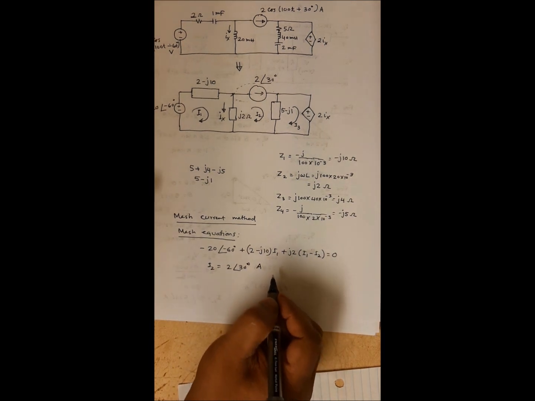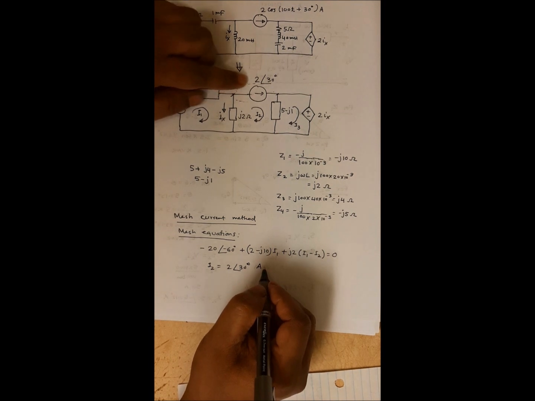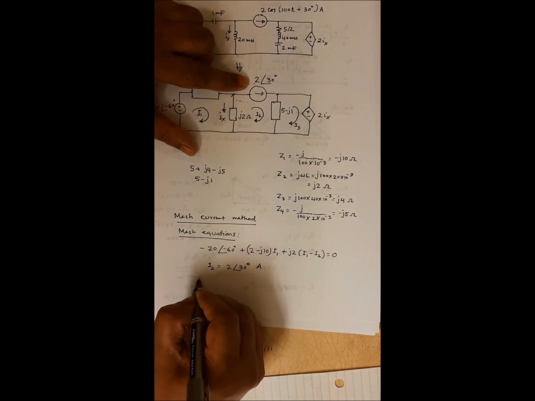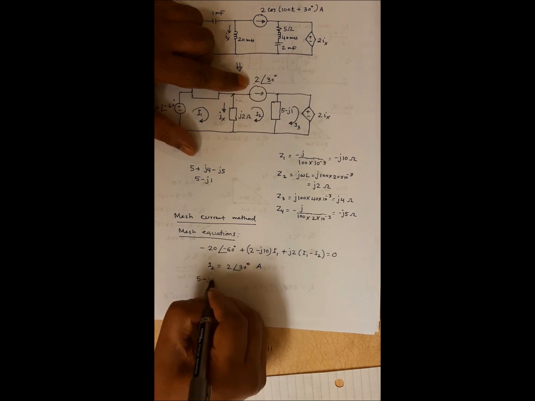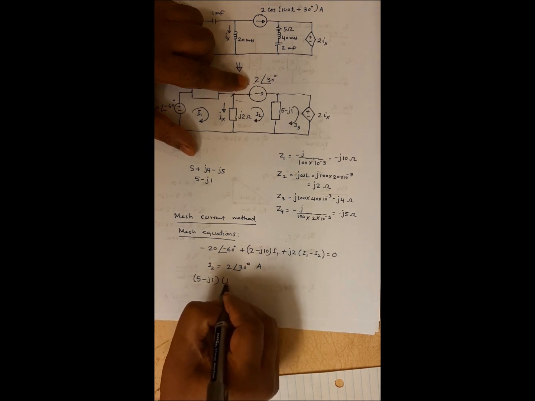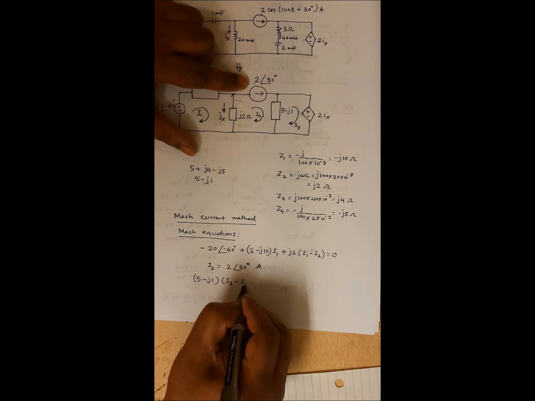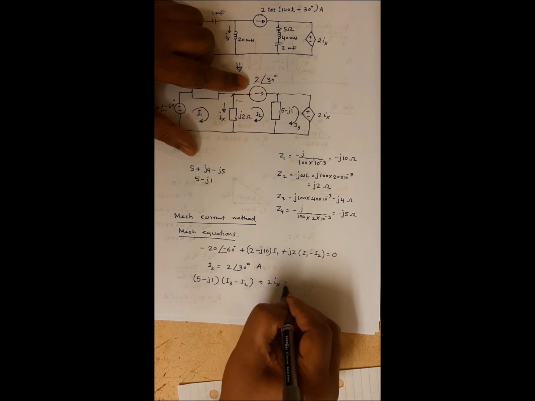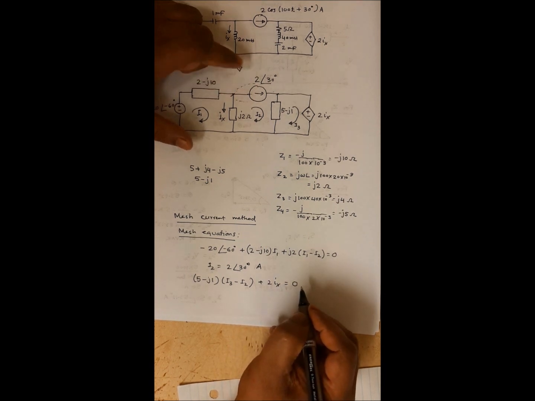So I2 is, right away we know the value for I2, and then for this mesh we can write 5 minus J1 times I3 minus I2 plus 2Ix equal to 0.